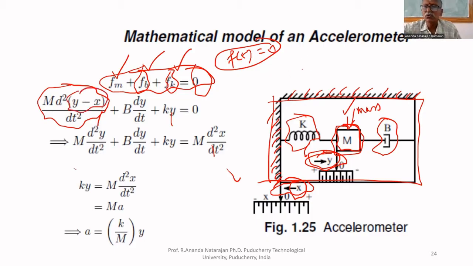Why? You see that the box is moving in this direction. This mass m also moves in this direction, by x, because it is attached to that box. At the same time, this mass moves to the right by a displacement of y.